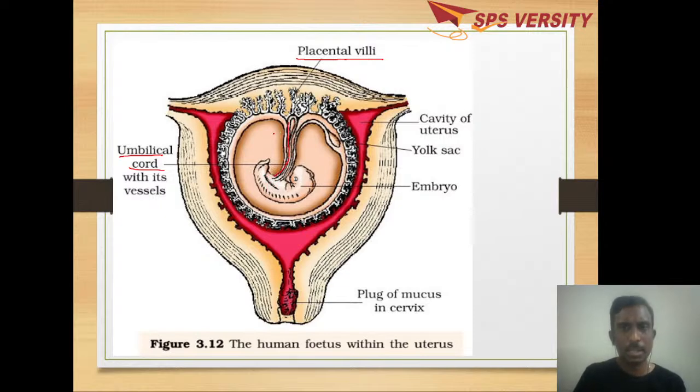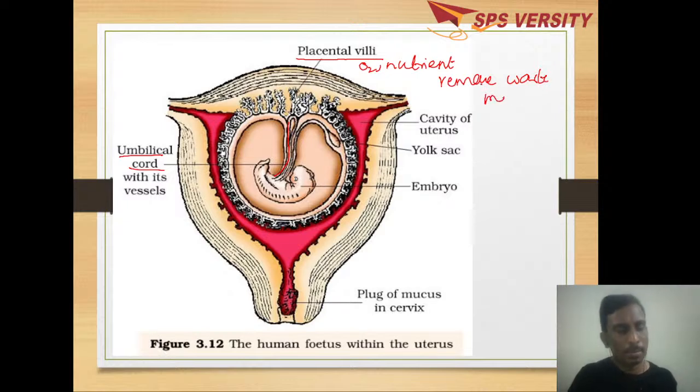The placenta transports oxygen, nutrients and water to the fetus, and removes waste materials.